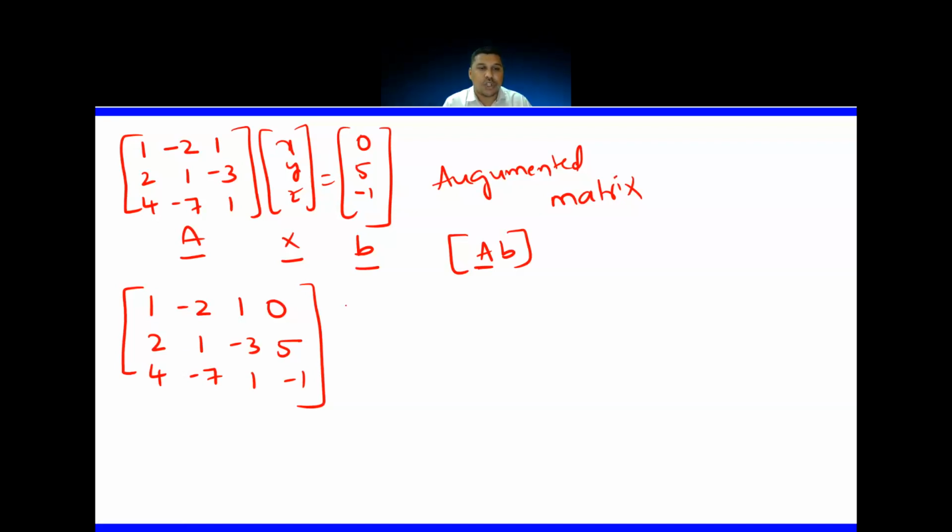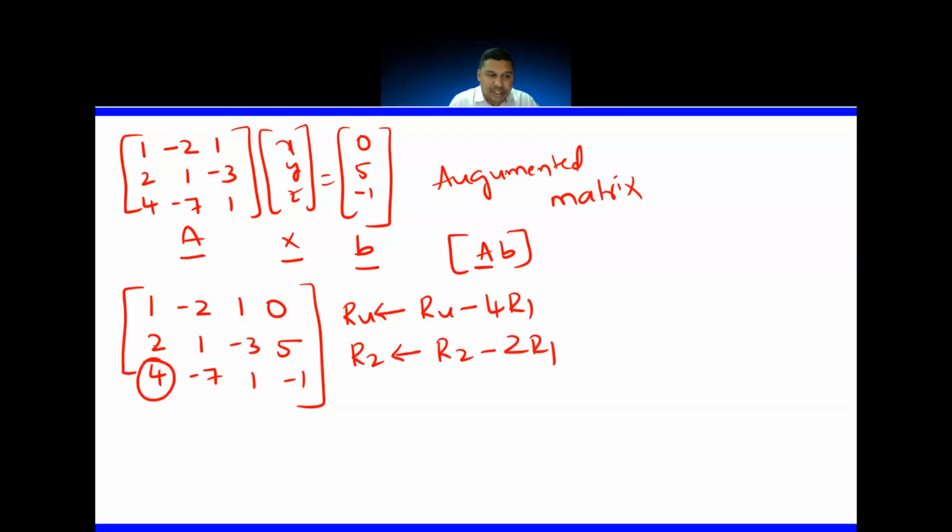I want to make this 0. So can I write R4 is R4 minus 4R1 as one operation? Then R2 is R2 minus 2R1. My goal is to first make this 0 and this 0. How can I make this? Using R1 I can do it.